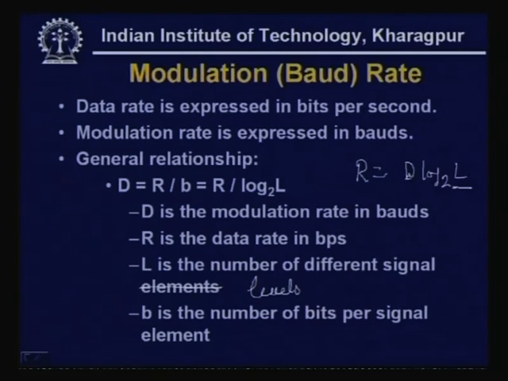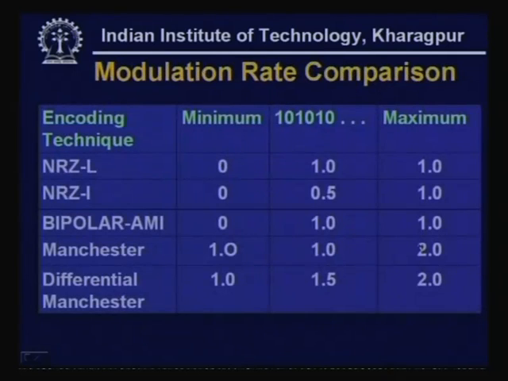Because of this, the efficiency will be more whenever the data rate is more than the baud rate. Let us see what the situation is for the codes that we have discussed.